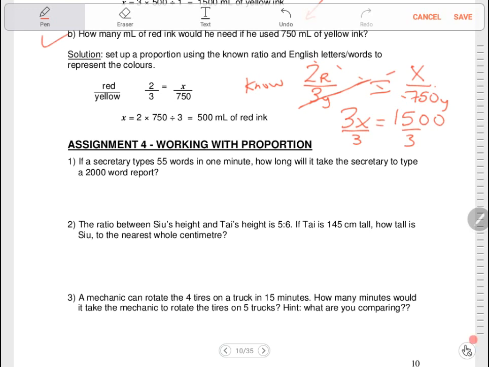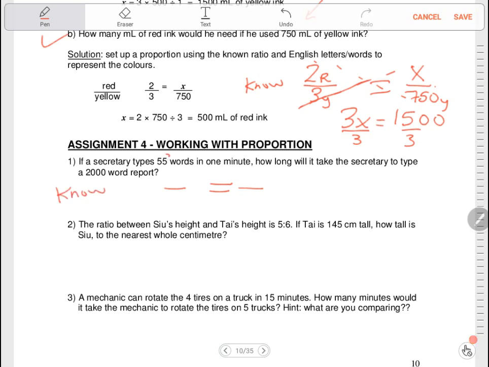Okay, so you have to think, you have a secretary, we know how much the person can type in 1 minute. Okay, so I always start at the same point. Before I even really read the question, I go, okay, well, equals something, something. Now, what do we know from this question? What I know is this.